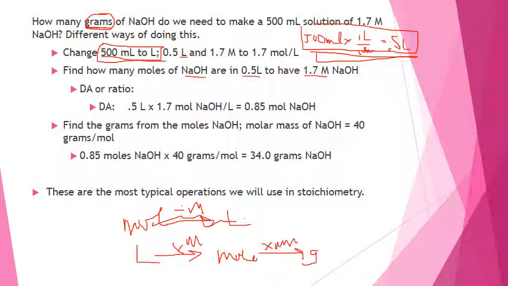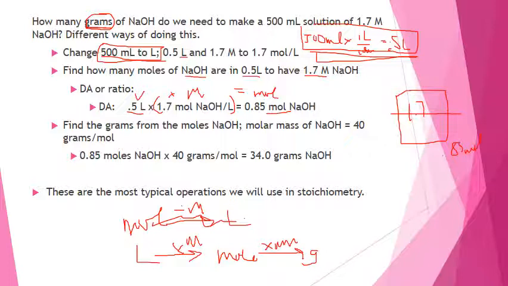So 1 liter has 1.7 moles, and you just split that in half, you'll have 0.85 moles. That's how you can do it by thinking about it, but it's good to show your work. So 0.5 times the molarity gets moles. Remember, volume times molarity will give you moles.